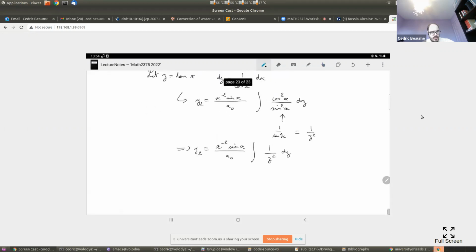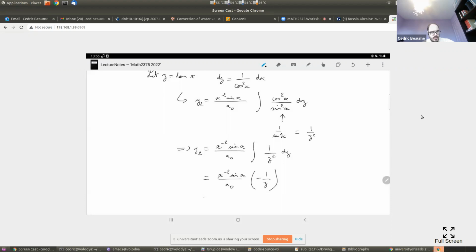So ultimately what you get is (x minus 2 sine x) over a0, and then the integral of 1 over z squared, which is minus 1 over z, and z is tan x.